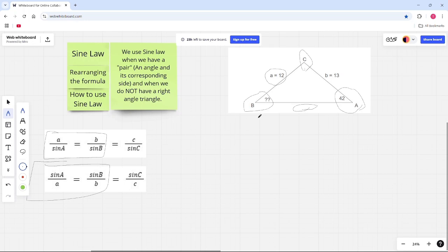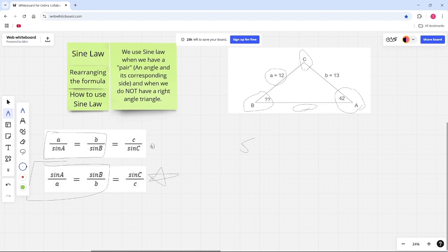So to make your life obviously a lot easier, you want to have the missing variable in the numerator of the fraction. So what I mean is, instead of using the one at the top, we'll use the formula at the bottom.